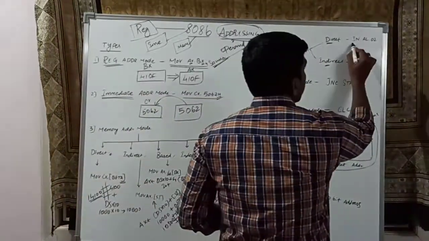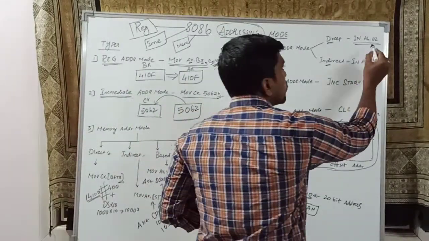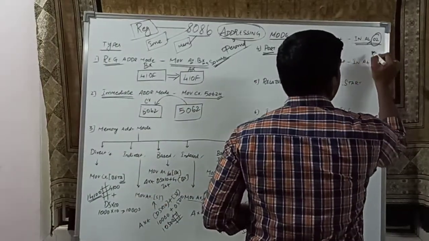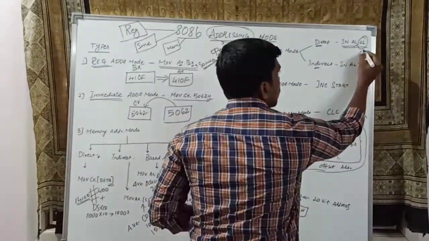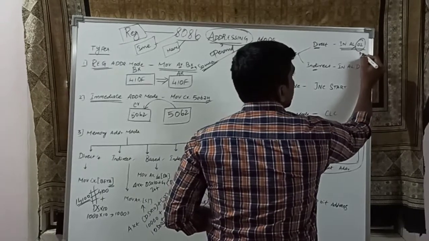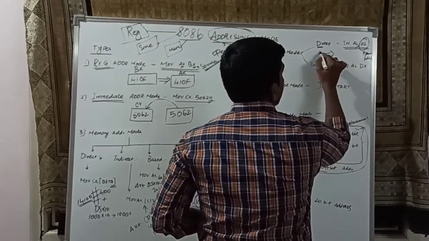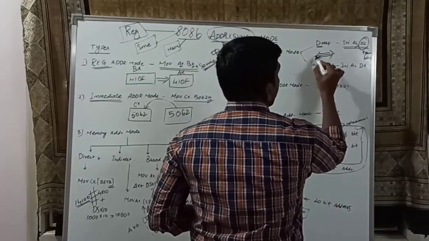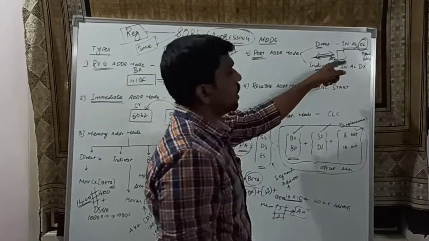The example of direct is IN AL, 02. This 02 is not data. It's a port address location. So 02 is the port address. This port address location 02 carries some 8-bit value.